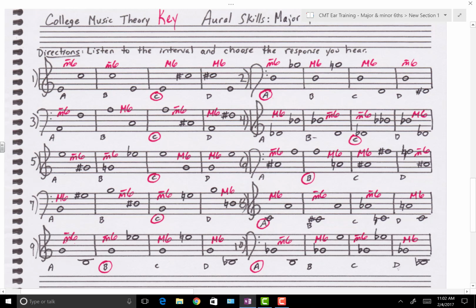For number 8, the correct response was A. We heard do to la, or the NBC theme song, ascending. It was a major 6th. Here's 8B.